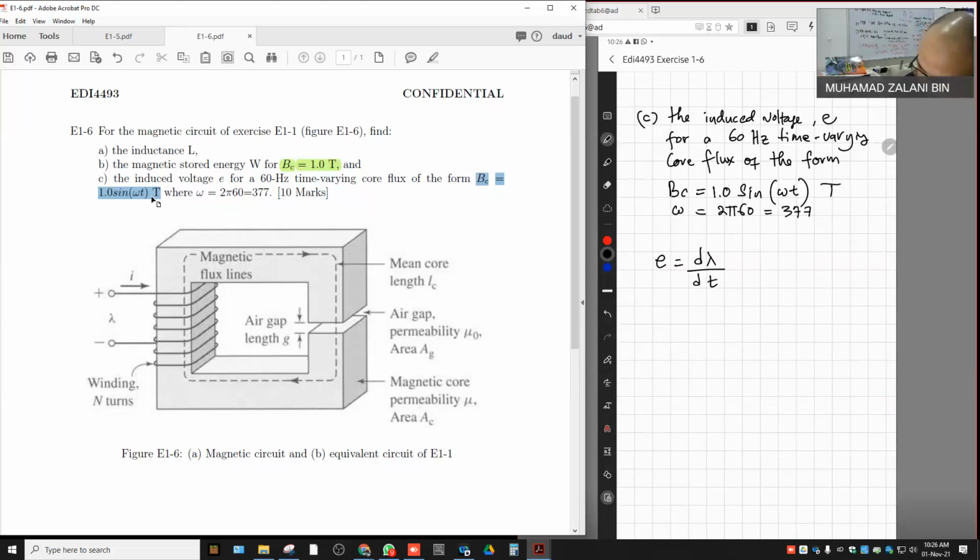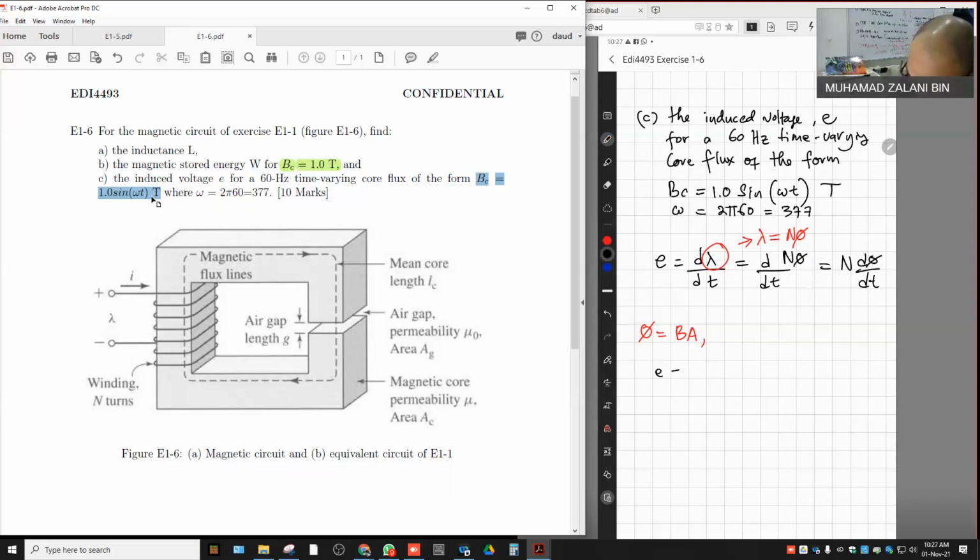For sure lambda is n phi. Remember? Lambda is n phi. So just substitute lambda in d over dt, which is n phi. Then we can put n outside, d phi over dt. Do you remember that another equation is phi equals BA? So we can also substitute phi in this case.